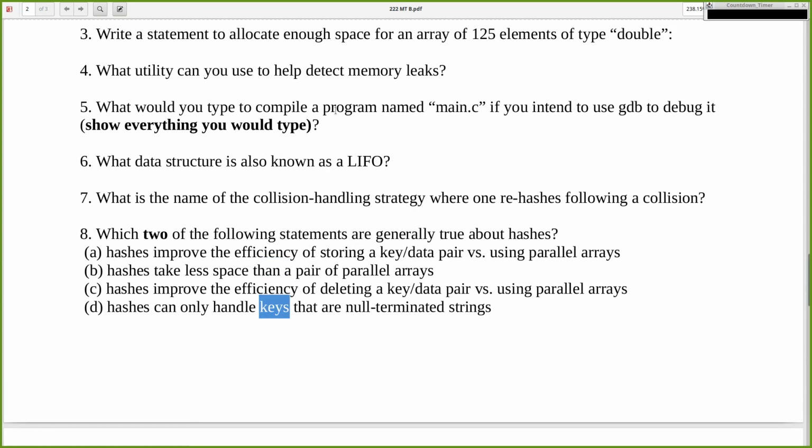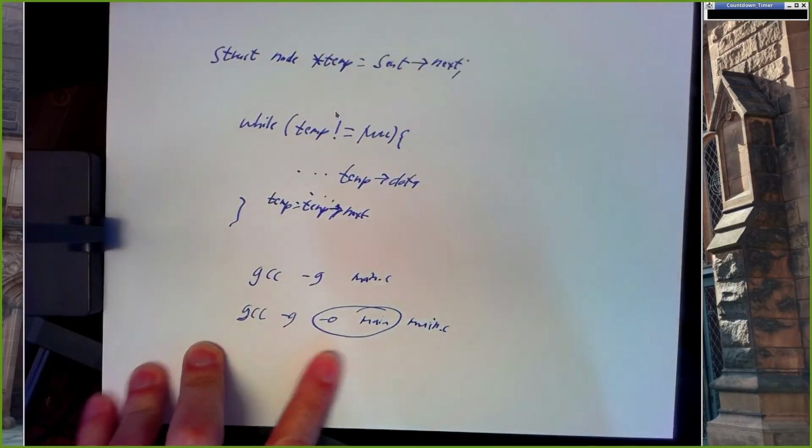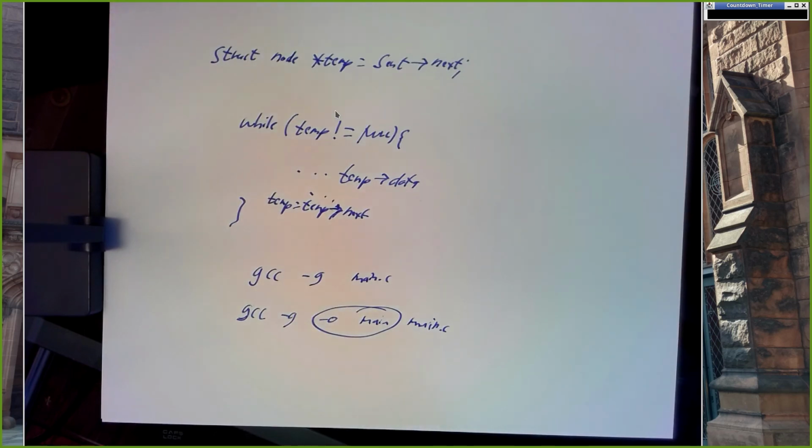Question 5. So question 5 was just gcc -g and then the rest of how you would compile your program. So gcc -g main.c or gcc -g -o main main.c. Either way is fine.